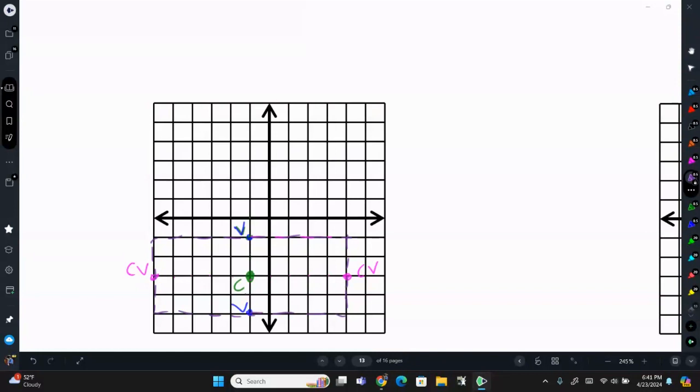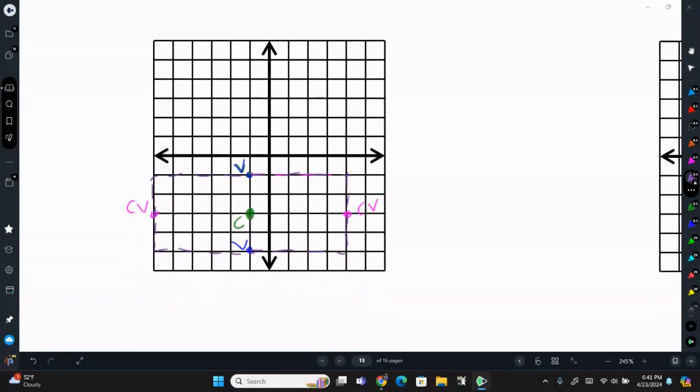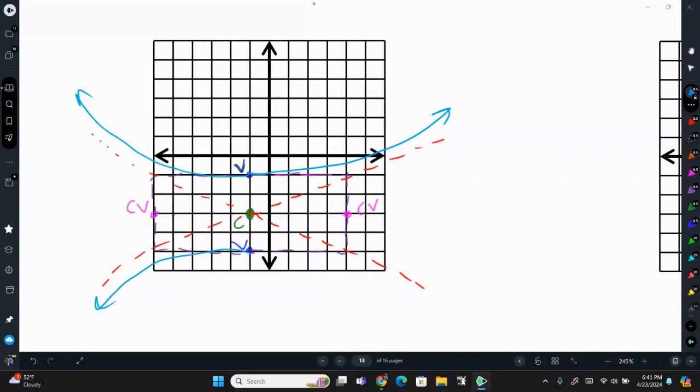And then we draw our asymptotes, which go from the center through the corners of our rectangle. And then after we do that, we take our vertices and draw our, I call them branches or parabolas.